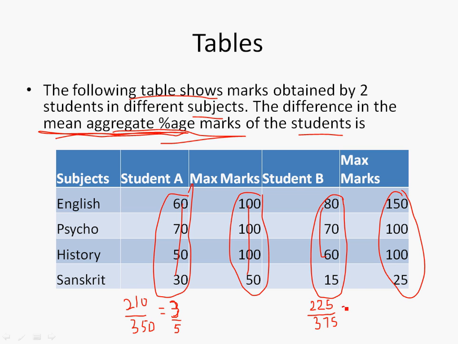This is divisible by 25. This would give 9 divided by 15, or again it would be equal to 3/5. So both of them give the same percentage, which means the difference in the mean aggregate percentage is 0.